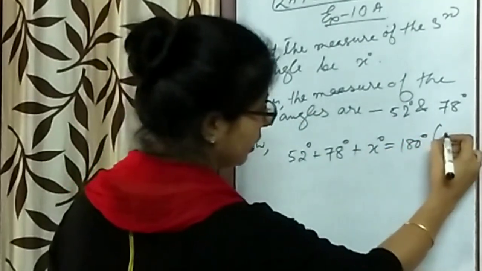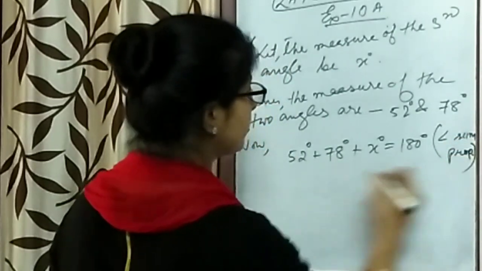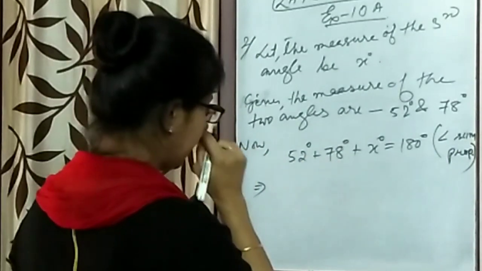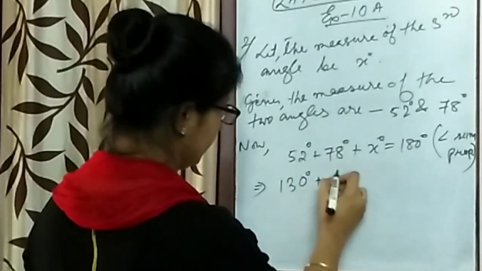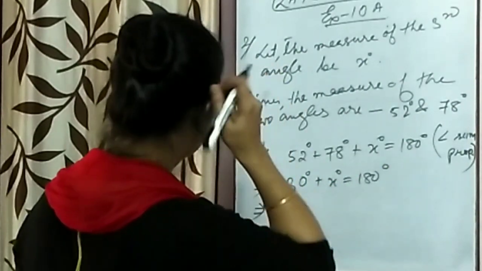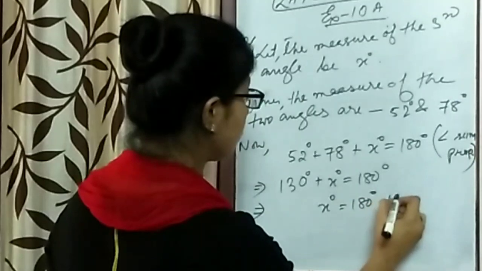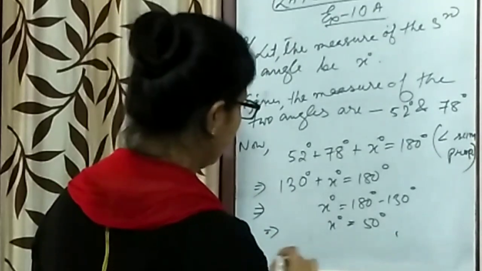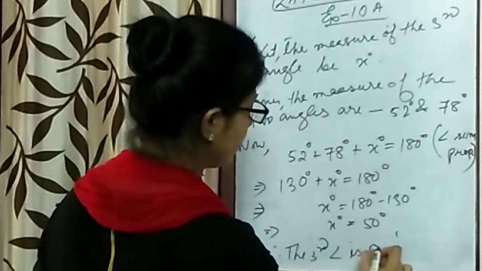Here we will write the reason: angle sum property of a triangle. So just add up. x degrees is equal to 180 degrees minus 130 degrees, so it will give you 50 degrees. Therefore the third angle is 50 degrees.